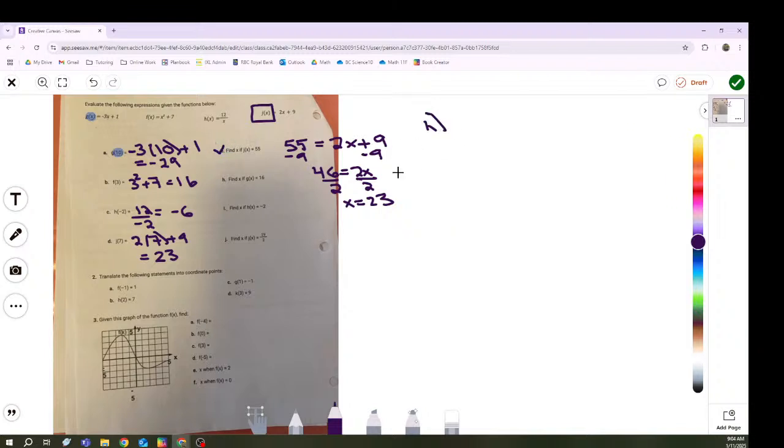Okay, I'm going to have to go over here because I ran out of room. Let's try h. So again, if you get the h of x rather than a h of a number, you're given the side of the equation, and now you're going to rewrite the other side, which is minus 3x plus 1. Solve for x in this one.